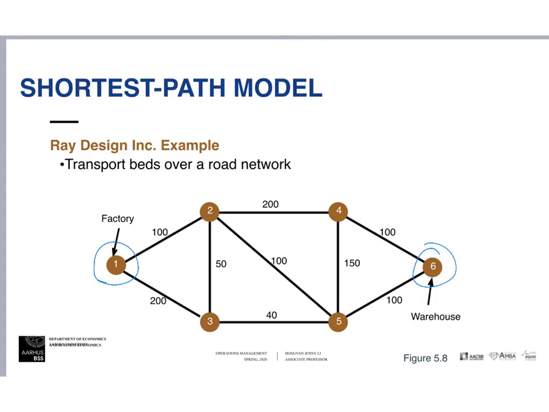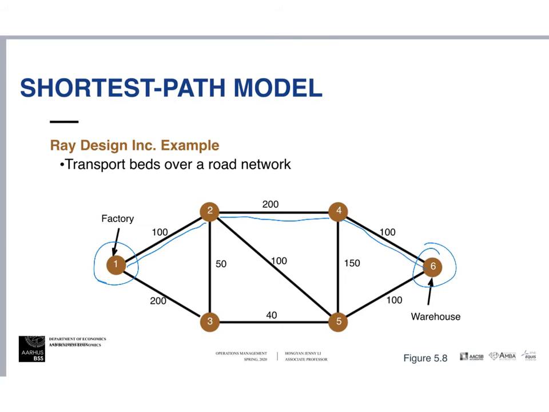The transportation route can be different based on the paths they go through. For example, they can go from the city in node 1 to the city in node 2, then to city node 4, and then to city 6.